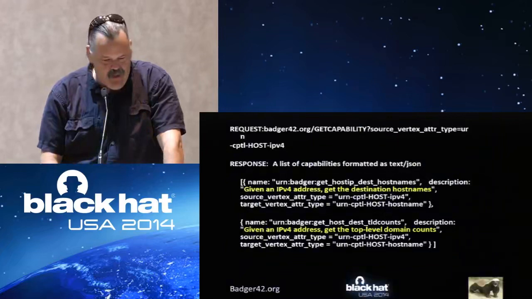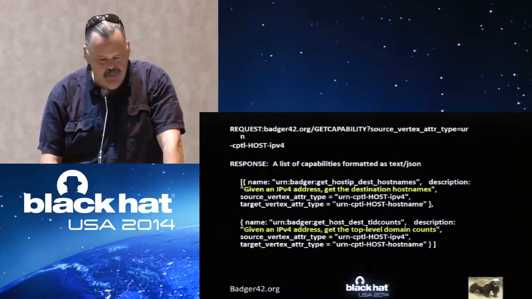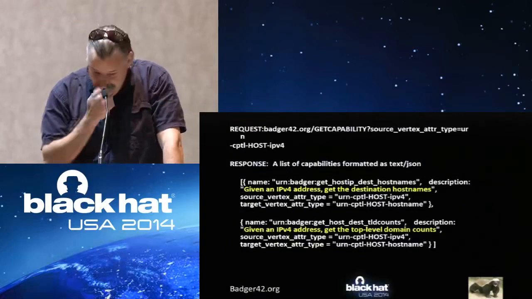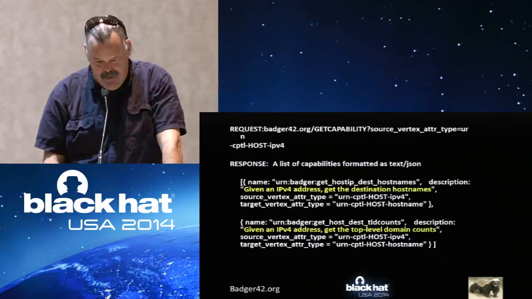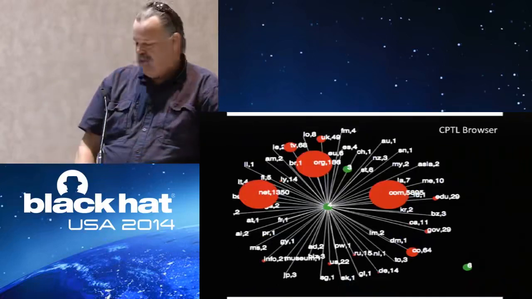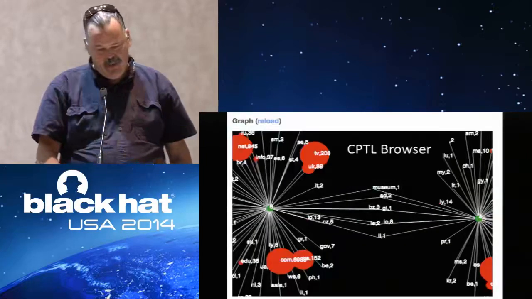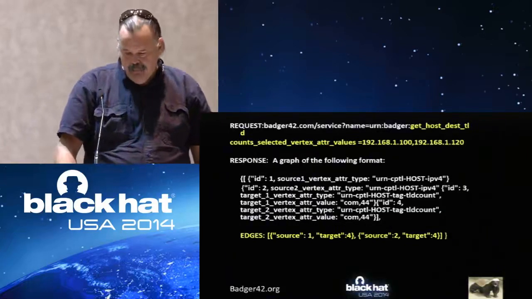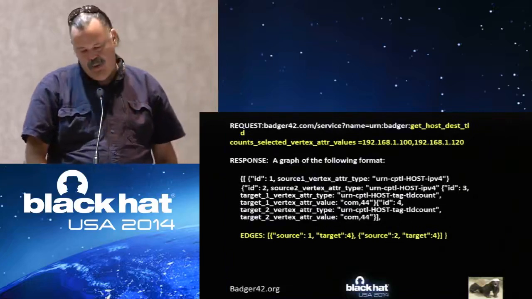It looks like URLs, and we expect that you're going to be able to take these requests via a web server. For example, for a given IP address, get the destination host names, and it'll throw up a little graph like this. Or you could also show a join through a different requested query.